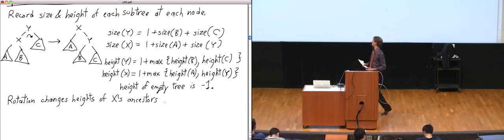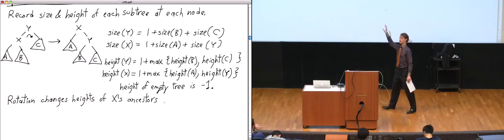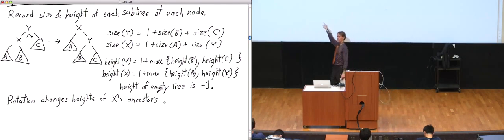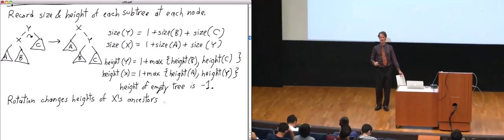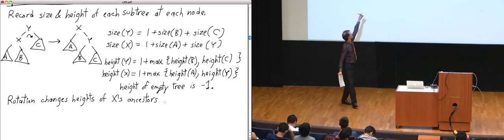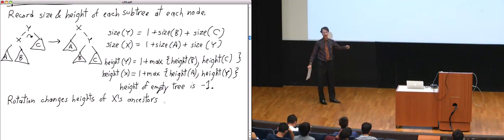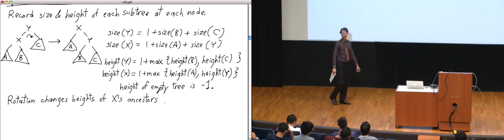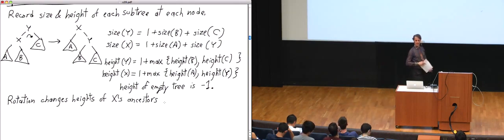Yes, if I wanted to maintain the depth of every node in the tree, that would actually be pretty hard, because this one rotation changes the depth of everything in subtrees A and C, and there's no fast way to update that, at least not directly.